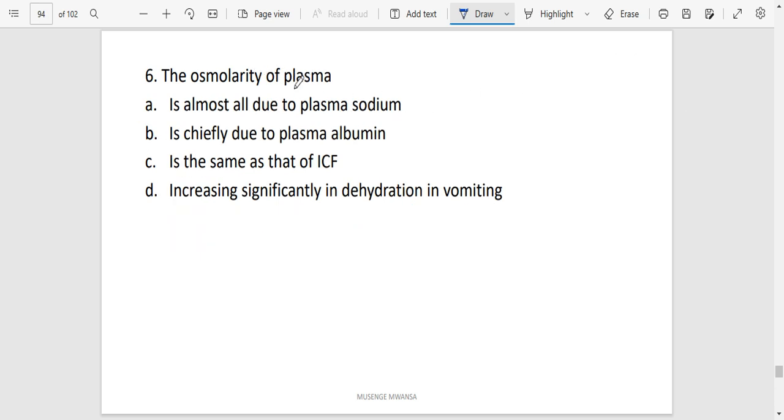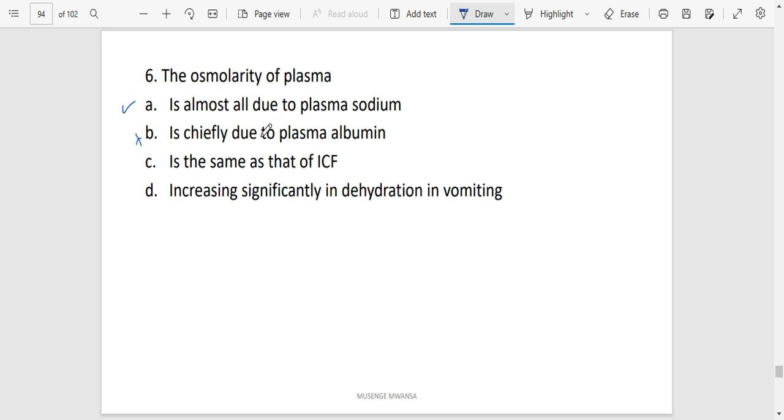The osmolarity of plasma is almost all due to plasma sodium. We know this is true, just like from the previous one. Plasma sodium is the most abundant, contributing to the concentration about 80 to 90%, or even over. It's chiefly due to plasma albumin, not necessarily the same as that of ICF.